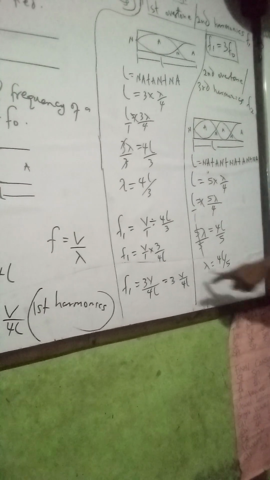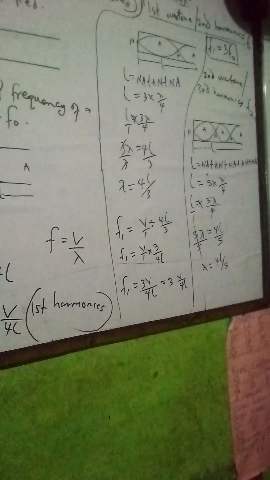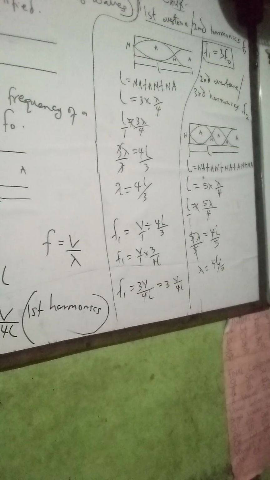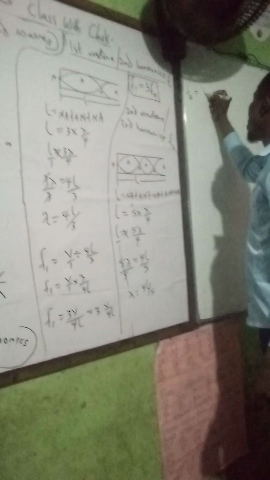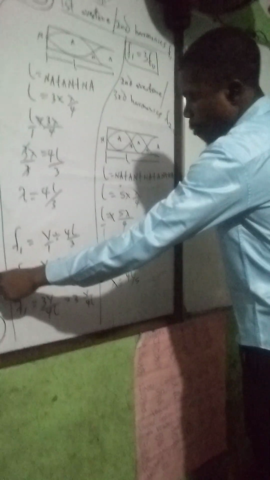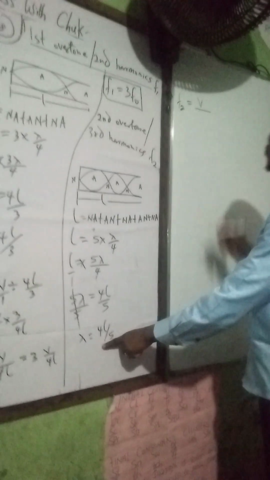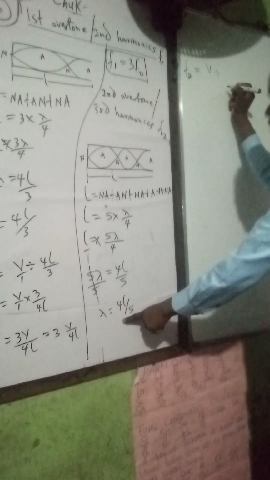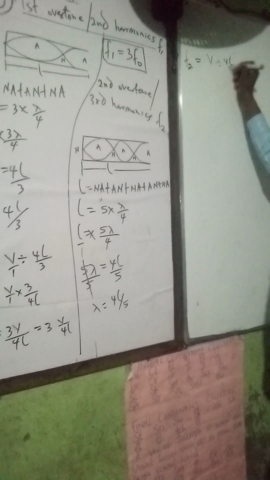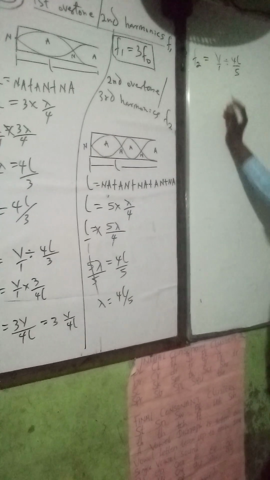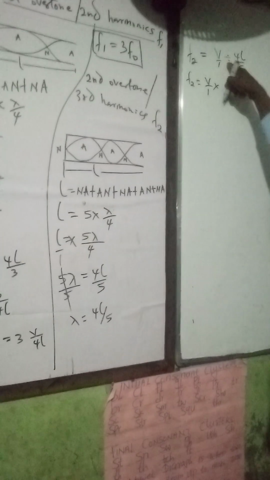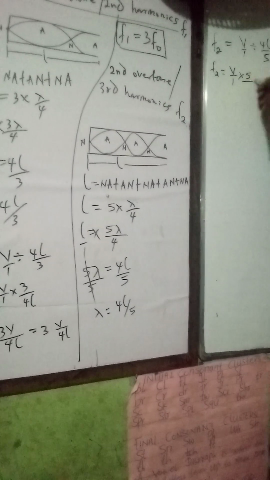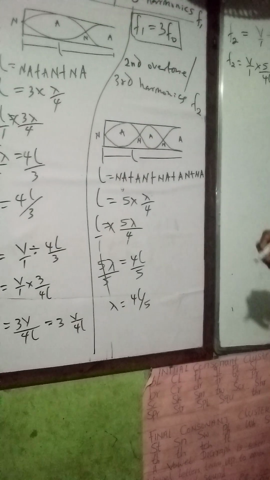Now I'm going to do the same thing I did here. Now I'm going to write my F2. Where I see my V, I'll write my V. Where I see my wavelength, I'll write this, right? So I'm going to use this division, divided by 4L over 5, make it to be over 1. So my F2 equal to V over 1 times, change division to times, 5 will go up, 4L will come down.